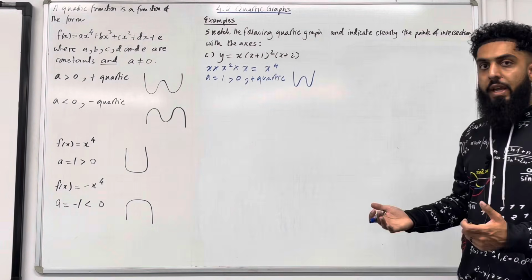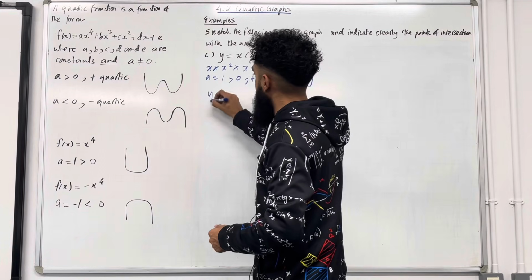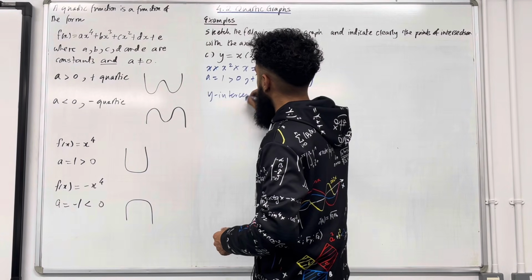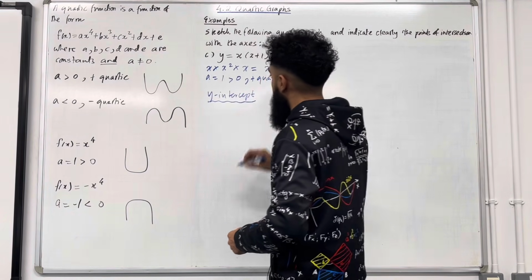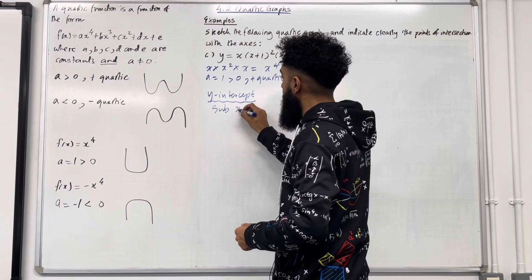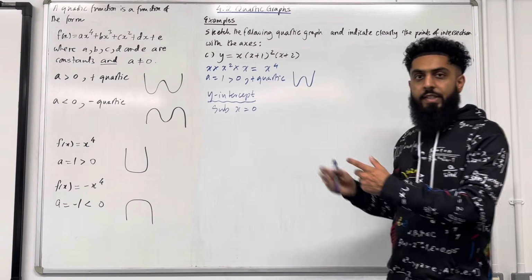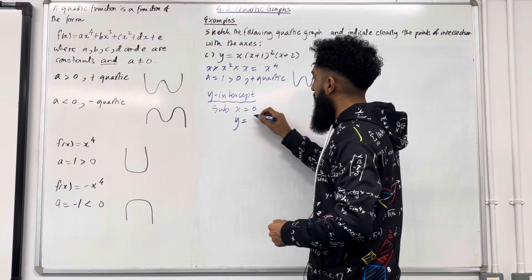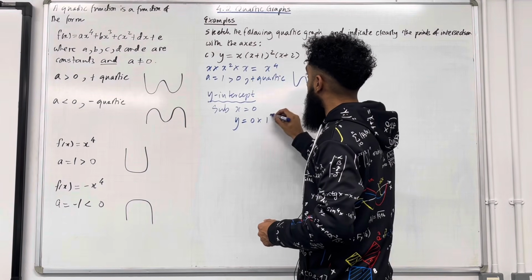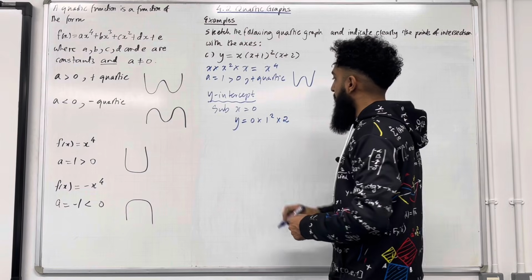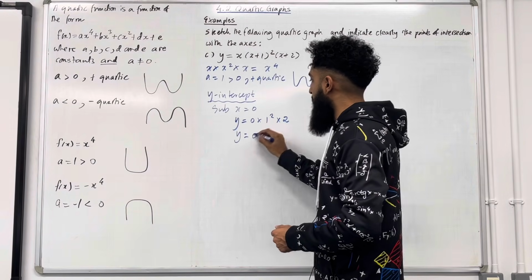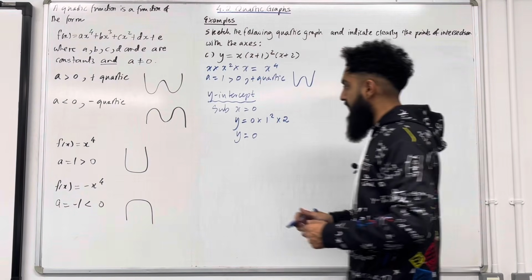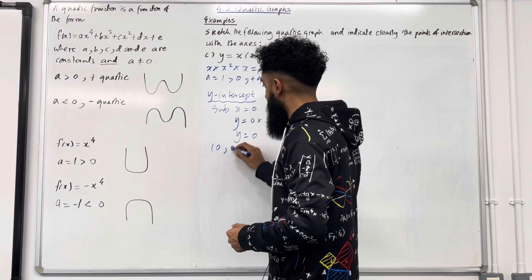Now let's work out the y-intercept. Substitute x equals 0, so replace the x's with 0. You get y equal 0 multiplied by 1 squared multiplied by 2. This gives you y equals 0. So the y-intercept is 0, 0.